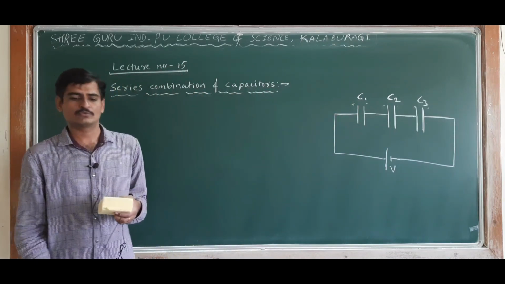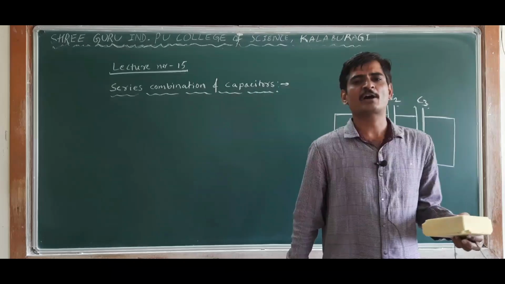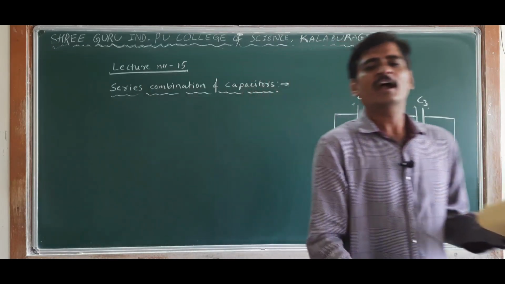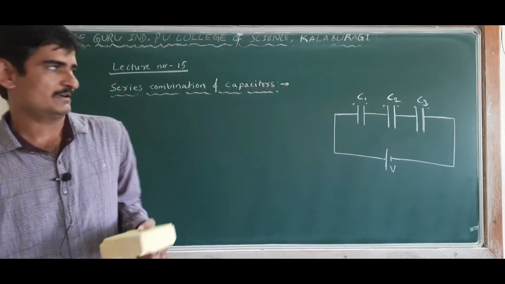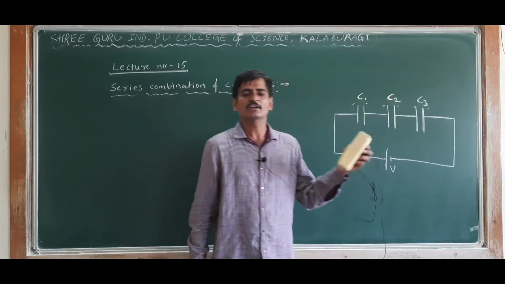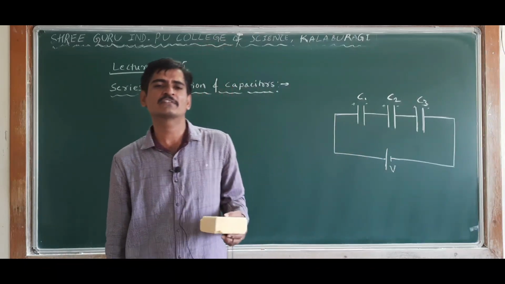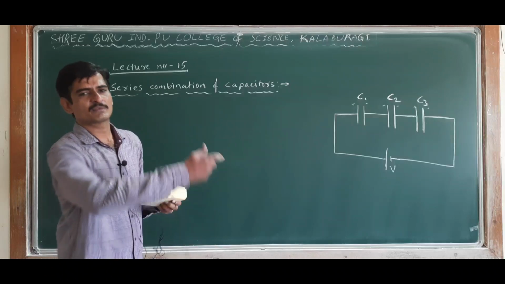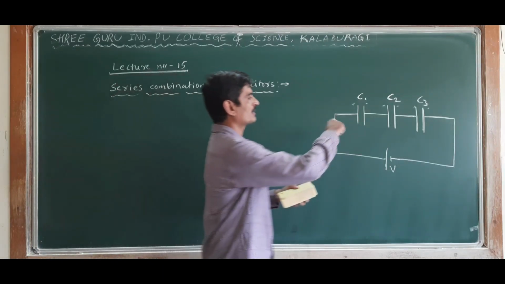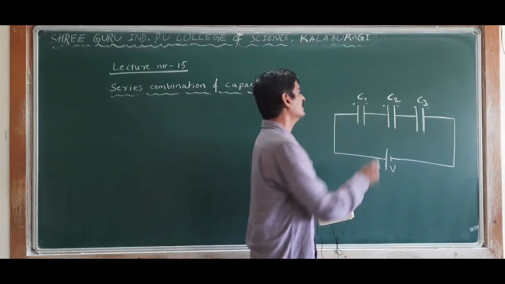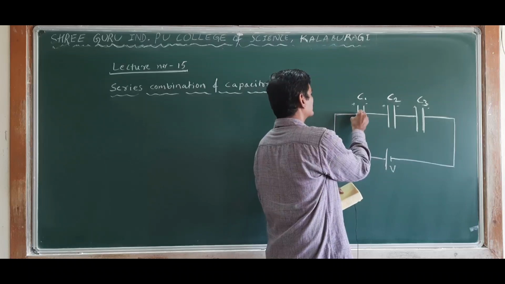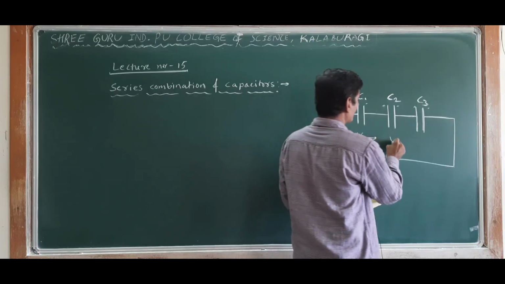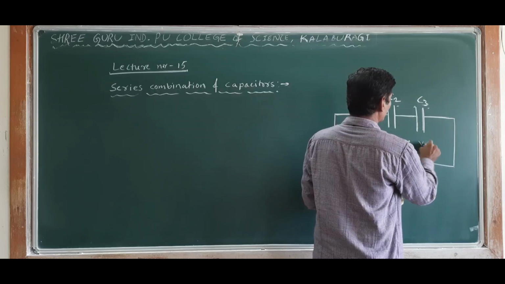A series combination can also be explained like this: a combination of capacitors where the charge on each capacitor is the same and the potential difference across each capacitor is different.